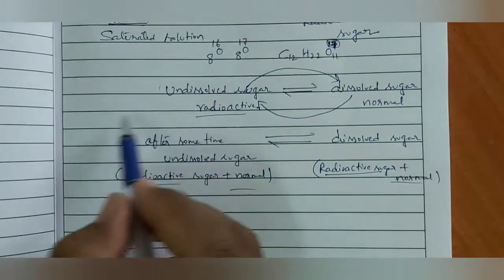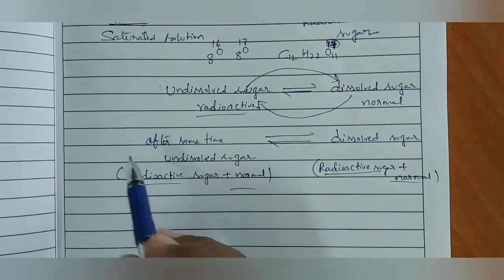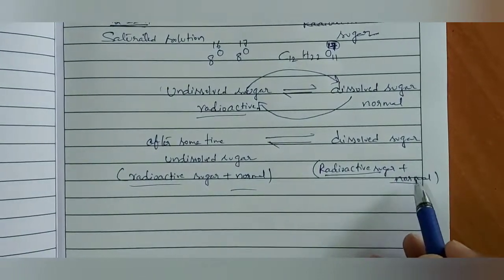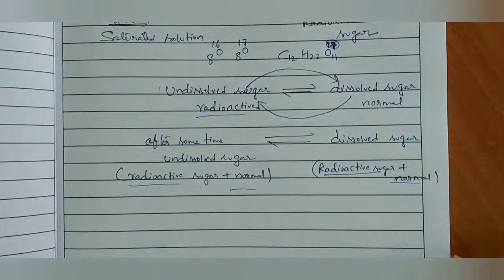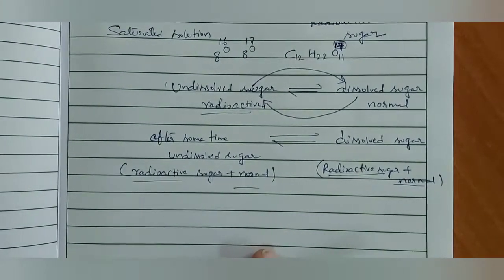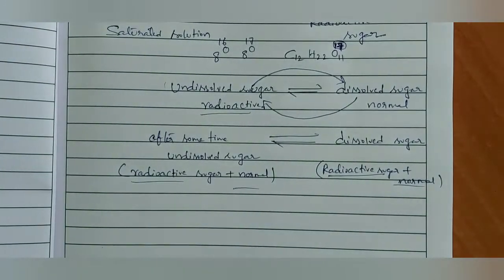In that way, at the equilibrium, both radioactive sugar and normal sugar will be present in undissolved state, as well as in dissolved state also. This is the supportive explanation of dynamic equilibrium. From this it will be more clear what dynamic equilibrium is, I hope.